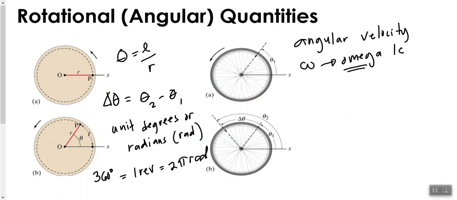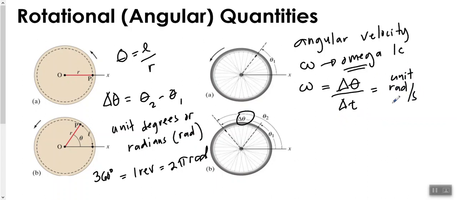So the angular velocity is equal to the change in theta, or displacement, over the change in time, and the unit would be rad per second.